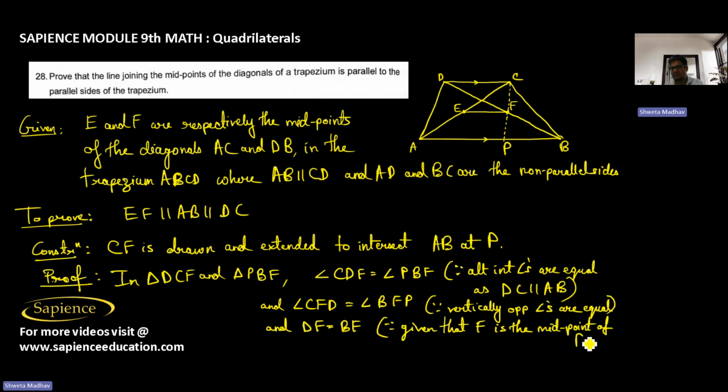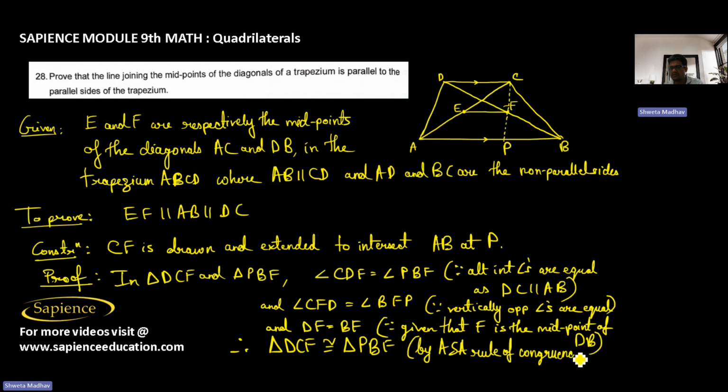So therefore we can say that triangle DCF is congruent to triangle BPF. Here we have taken two angles and the included side. So therefore, by the ASA rule of congruency, these two triangles are congruent.